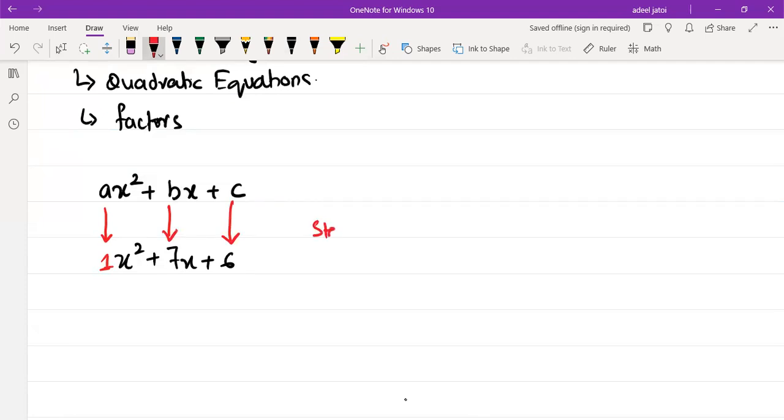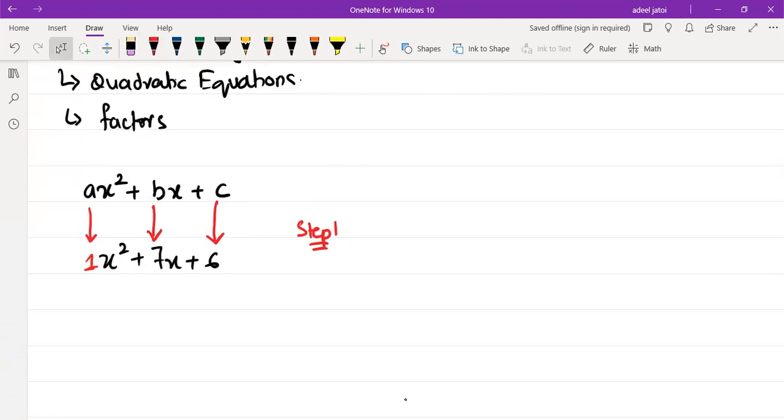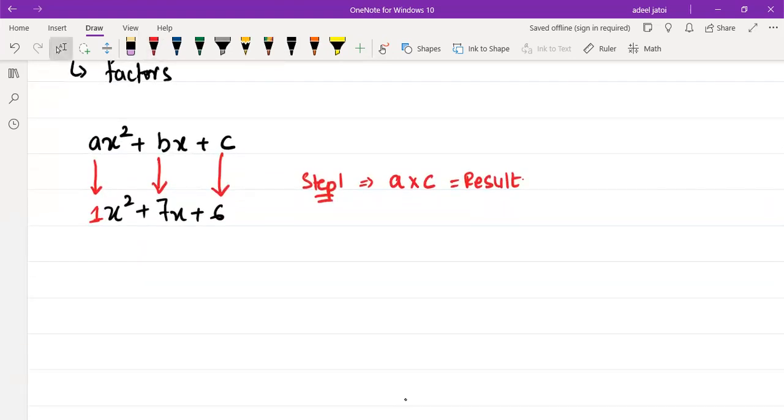Your step number 1 to solve middle term breaking is multiply a into c and you will get the result. At this particular time, your a and c are 1 and 6.